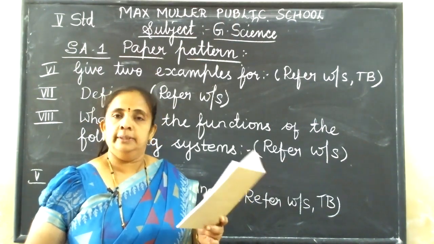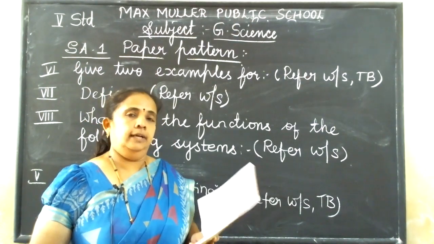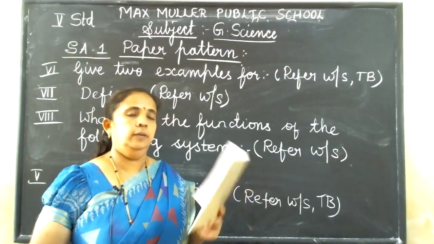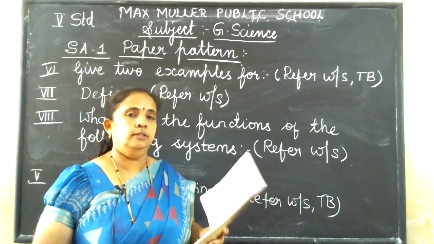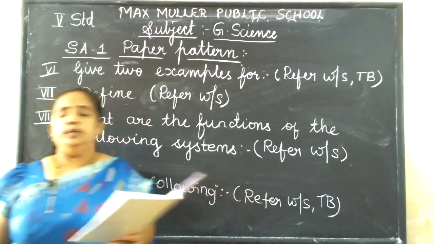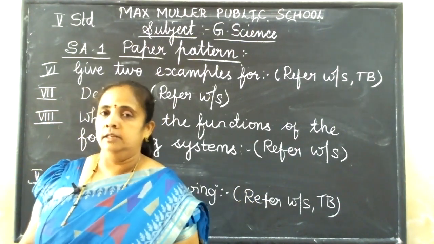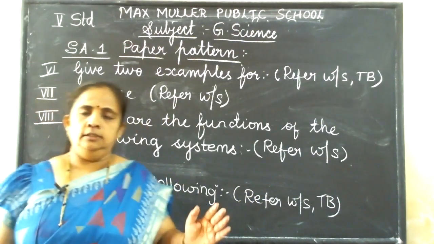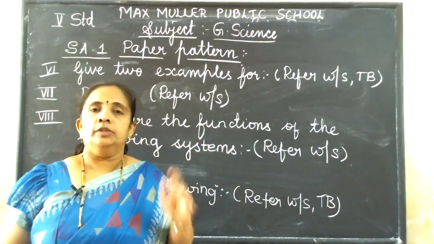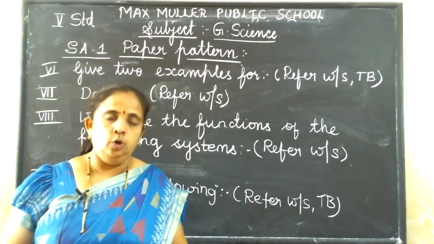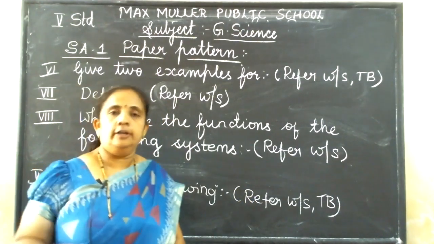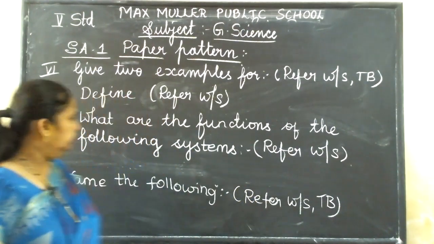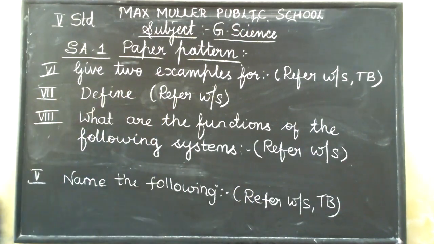Fourth question, the circulatory system: transporting nutrients to different parts of the body. Fifth, the digestive system: helps to break down the food into simple substances. Whichever question I ask, you should write the answer pertaining to that only. Don't write unwanted answers, or answers for whichever I have not given. So for this, refer to the worksheet.